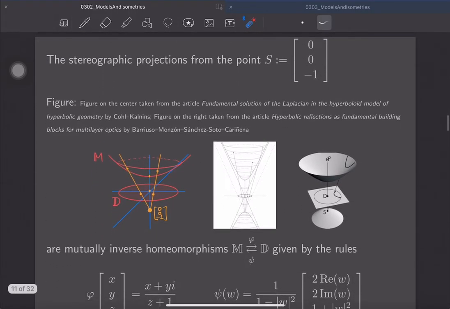Right, and then I said the next thing I am interested in is computing or exhibiting the shortest curves in the hyperboloid explicitly, or at least some of them, or at least showing that between any 2 points of the hyperboloid there is a shortest curve connecting them.